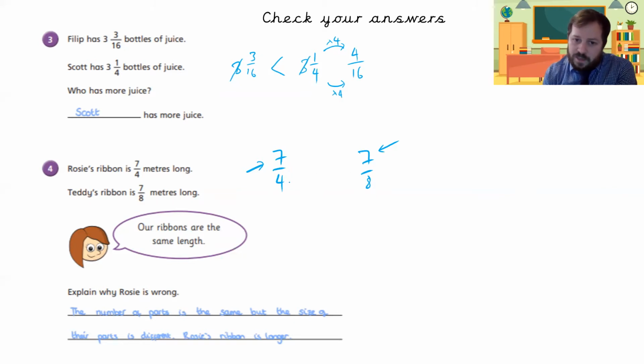The other thing is 7/4 here is bigger than 1, whereas 7/8 hasn't yet reached 1. So there's multiple ways that you could answer this question. Either you can talk about the fact that the numerators are the same, so we can compare denominators, and these pieces are much bigger than eighths. Or you can talk about the fact that 7/4 is larger than 1, whereas 7/8 is smaller than 1. And that very simply tells us once again that there is a difference there.